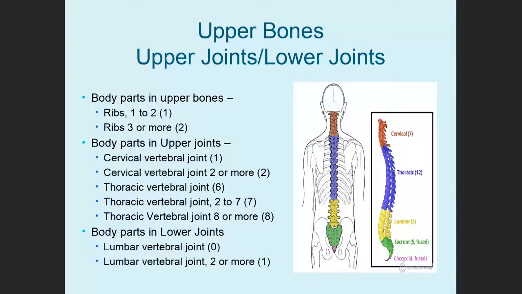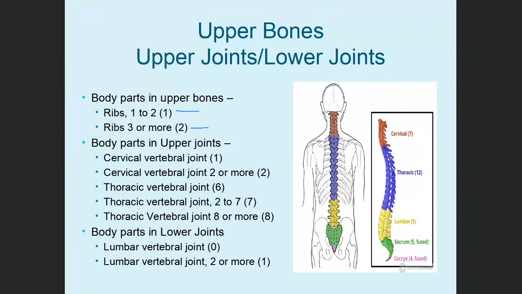So let's look at upper bones, upper joints, and lower joints. These also are done with numbers. It is divided into cervical, thoracic, and lumbar vertebrae, but then it's how many of those vertebrae are being treated. For ribs in the upper bones, you have ribs 1 to 2 and ribs 3 or more, not which rib, just how many ribs.